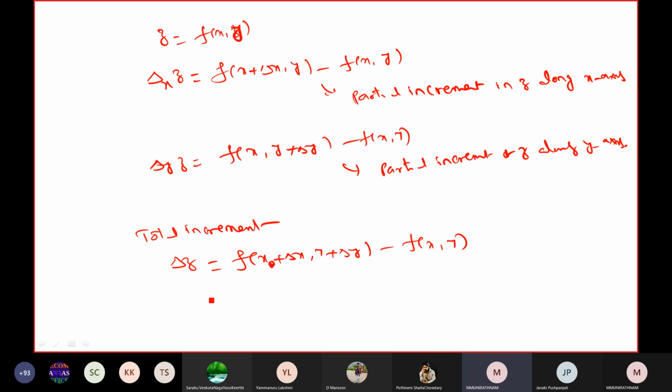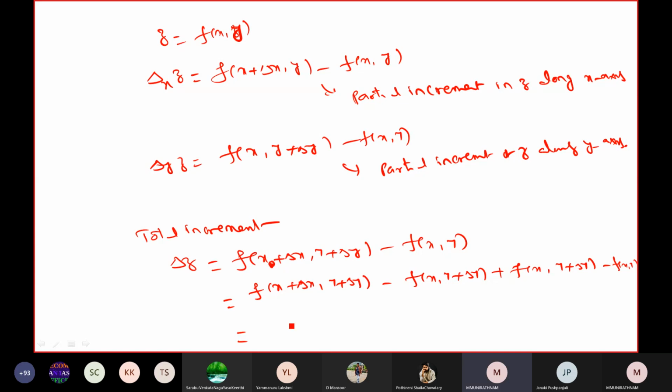So here, what I have to do is write f of x plus delta x comma y plus delta y minus f of x comma y plus delta y, plus f of x comma y plus delta y minus f of x comma y.